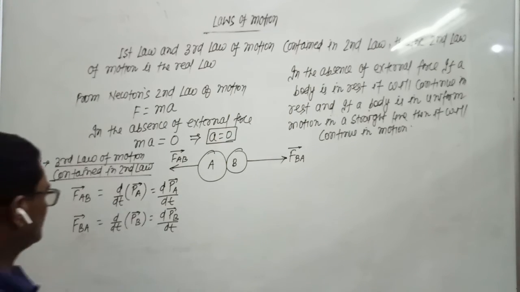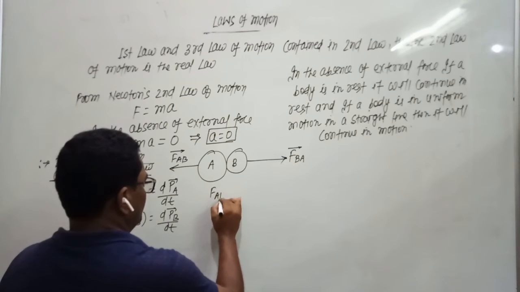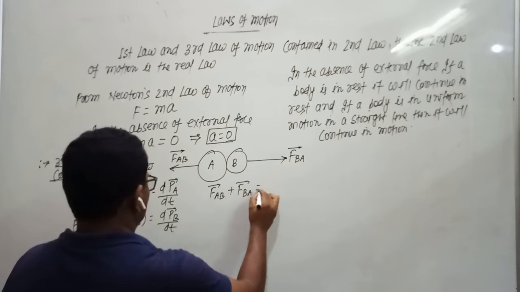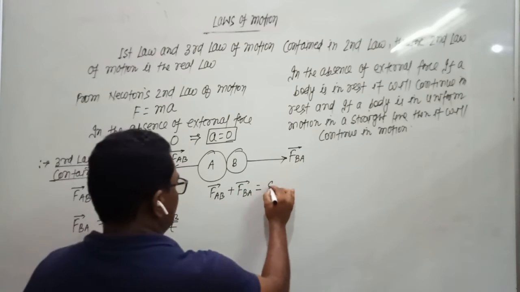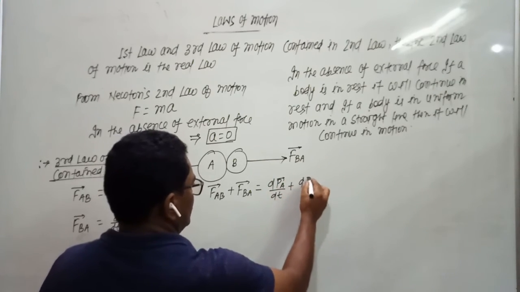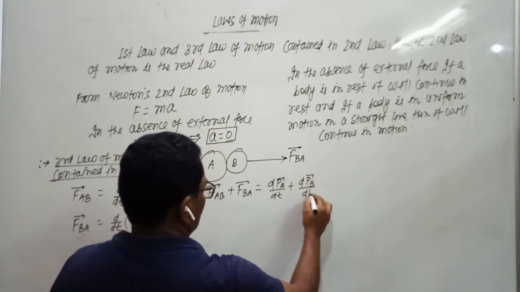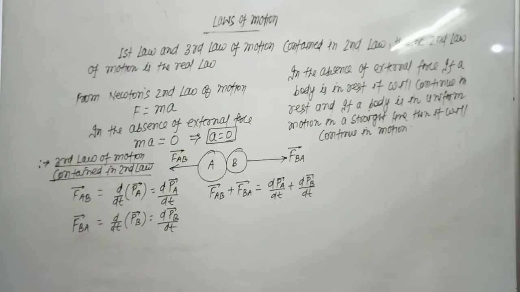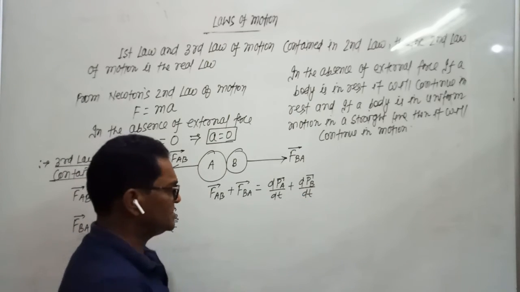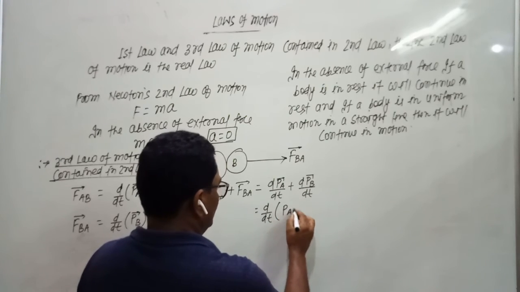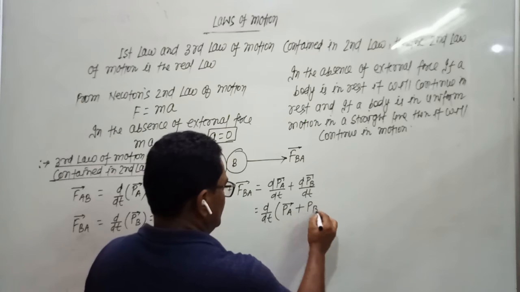Now adding these two, F of AB plus F of BA is equal to dPA by dt plus dPB by dt, which is also written as d by dt of (PA plus PB).